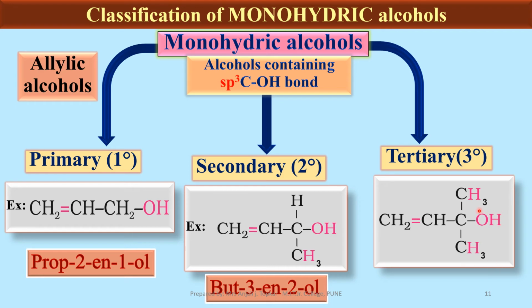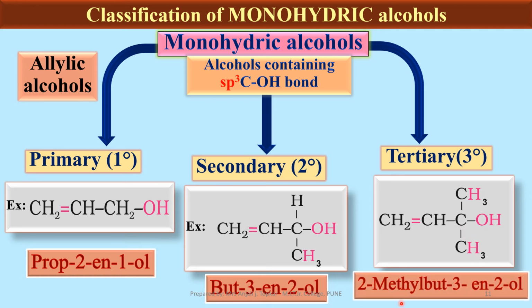Here we find the OH group is attached to tertiary carbon atom, which in turn is attached to the doubly bonded carbon atom. Such alcohols are said to be allylic alcohols. The OH group is attached to the carbon atom which is sp3 hybridized. Name of this compound is 2-methylbut-3-en-2-ol.